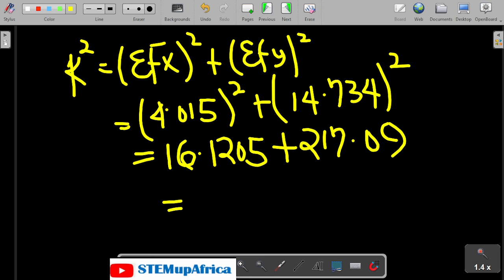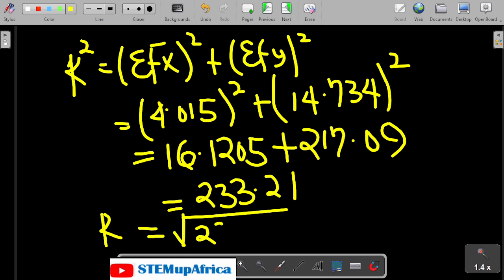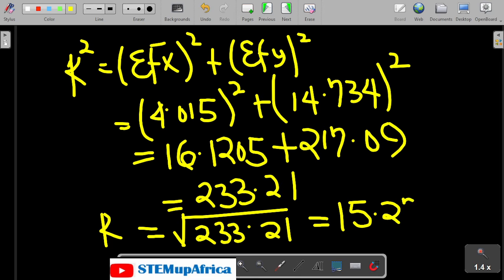If I add up, what am I having? Plus 16.1205, that will give me 233.21. So the resultant force is now the square root of 233.21. Take the square root of that, and that will give me 15.27 Newton.